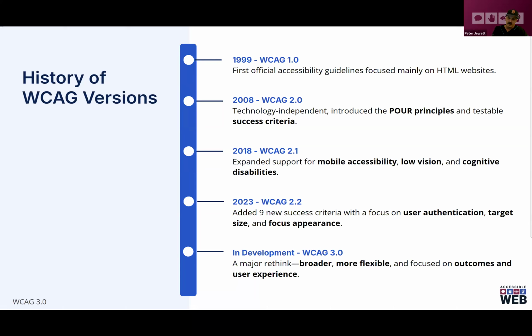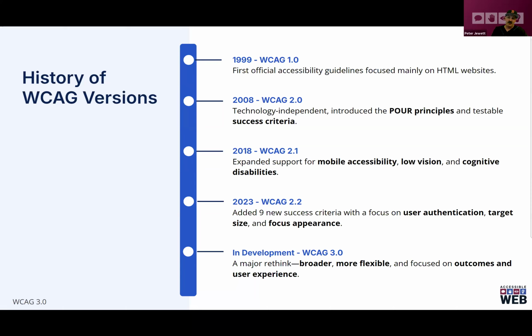This is where the POUR principles and success criteria concepts came into play, and the goal was to make this apply to any platform or technology. WCAG 2.1 and 2.2 built on that foundation, adding important coverage for mobile devices, low vision users, and people with cognitive and learning disabilities. These 2.1 and 2.2 updates were incremental, but again, were essential as these technologies were changing.